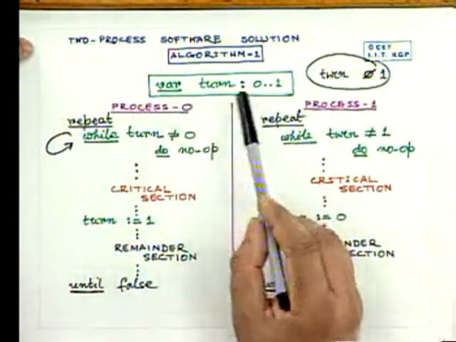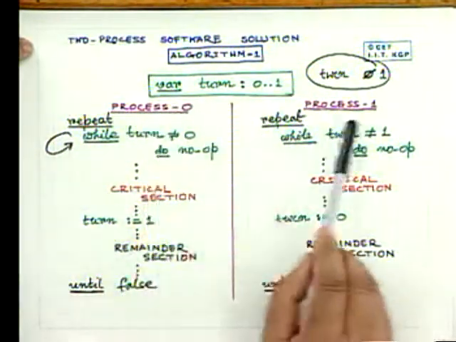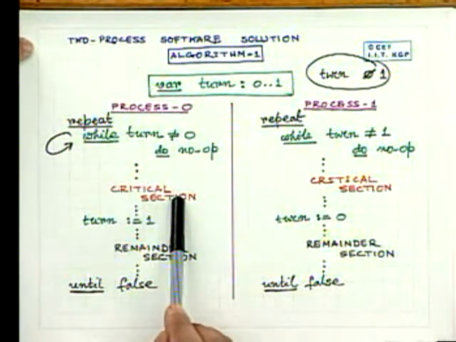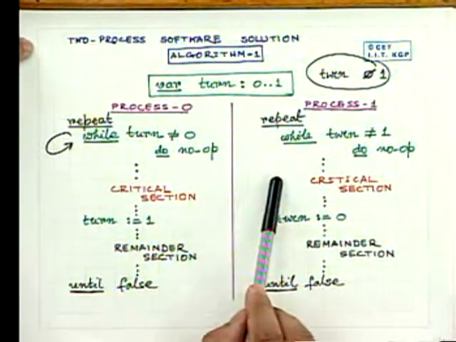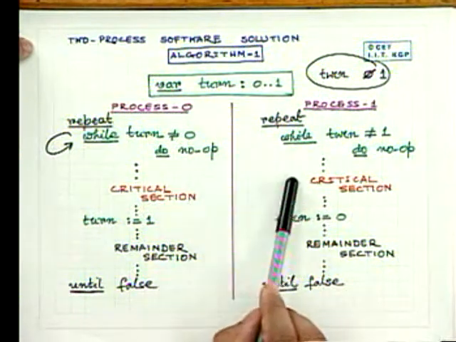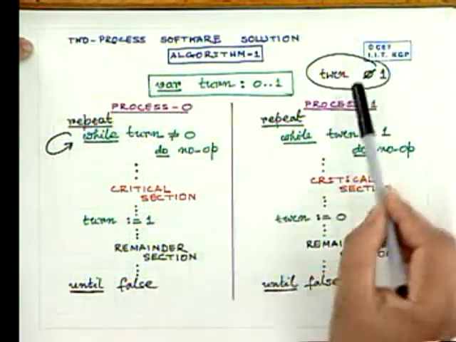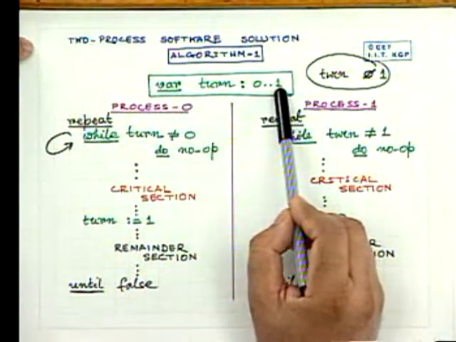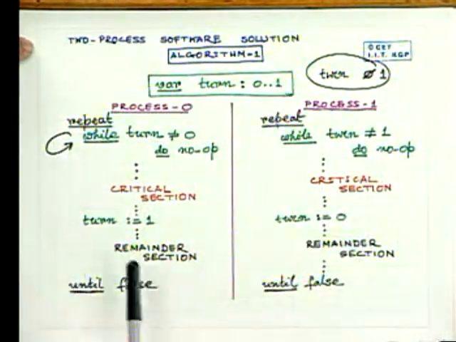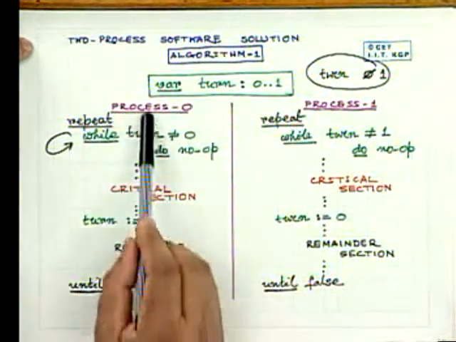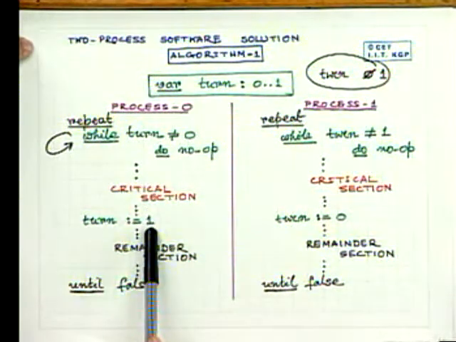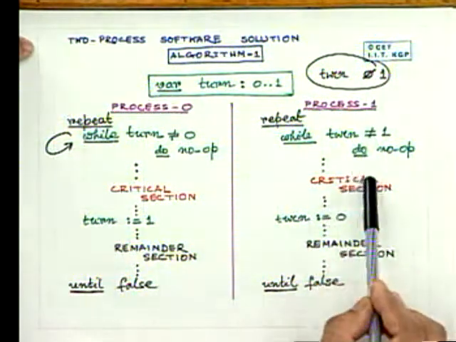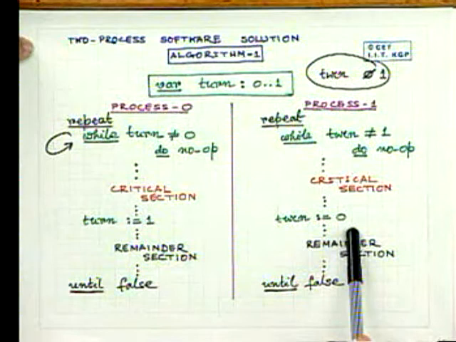Here there are process 0 and process 1, and the mutual exclusion of the critical section was enforced by the variable turn, which can take either 0 or 1. The turn is made 1 by process 0 at the end of its critical section, and turn is made 0 by process 1 at the end of its critical section.